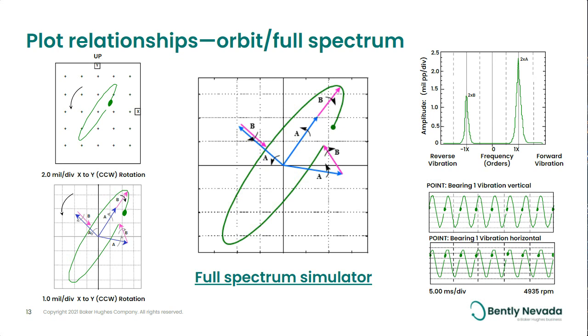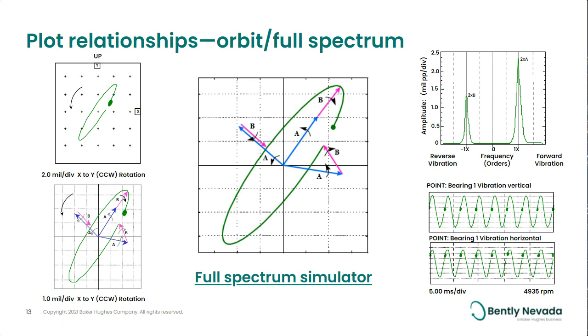And if you look at the center orbit, you'll see that if you have a vector A, and it is rotating counterclockwise, and you have a vector B that represents the negative components, and it is going to be rotating clockwise.